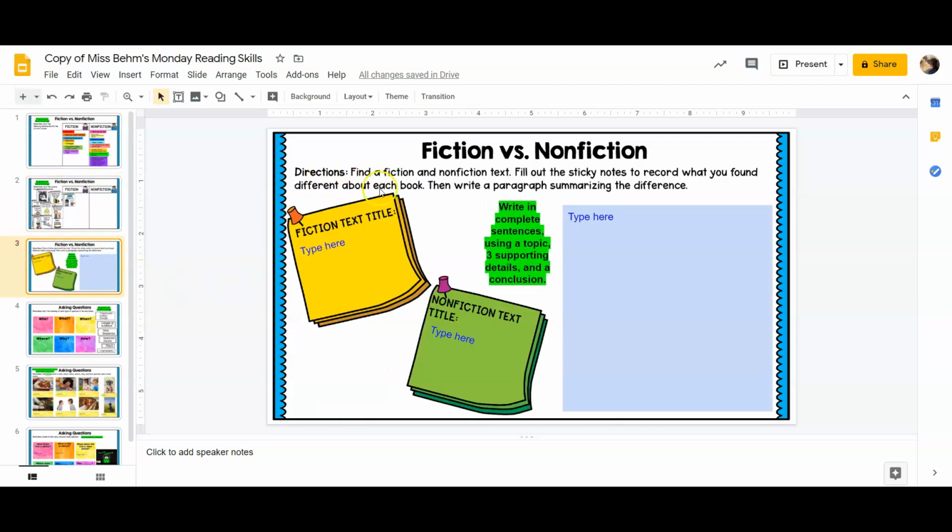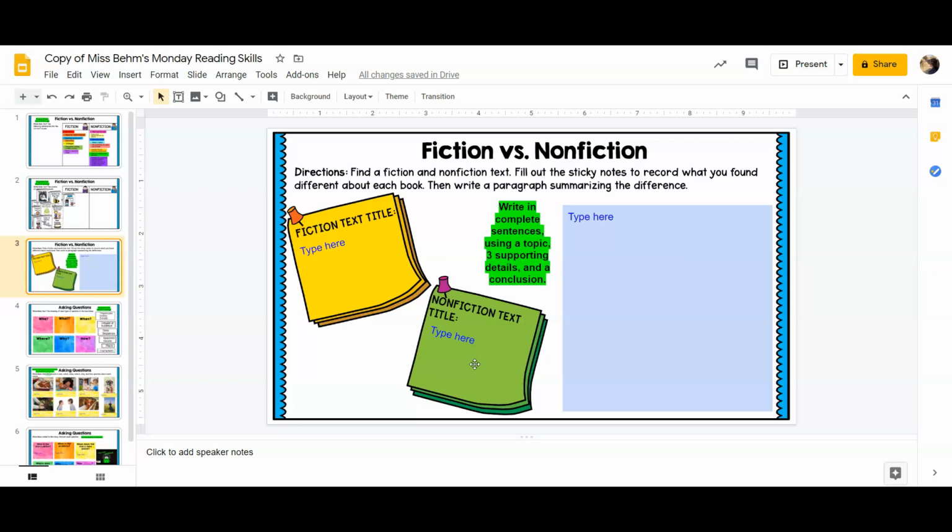Here you're going to find a fiction and nonfiction text, fill out the sticky notes, and record what you find about each book. Then write a paragraph summarizing the differences. So what you're going to do is find a fictional book here and a nonfiction book here. You can even think about the books that we've read in school. We've read a ton of fiction books.